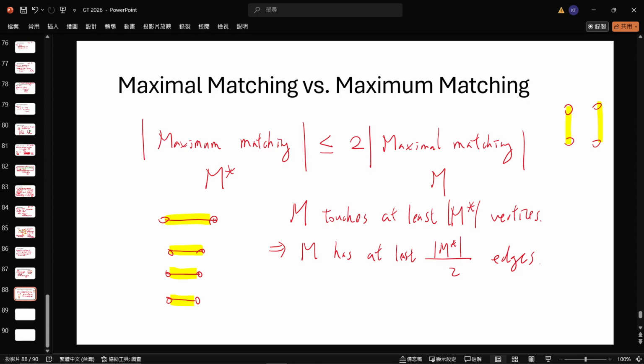Okay, so if M has at least this many edges, this is basically our desired result. So M is at least M star divided by 2, okay? So you just switch this 2 in the denominator to the left-hand side, you get the desired result.